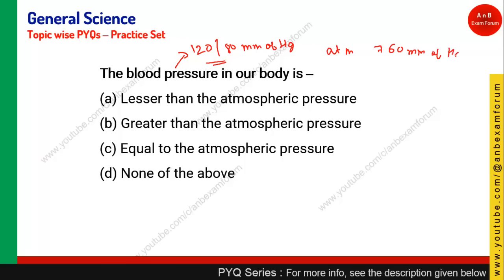When you have this reference, it is basically greater than this 760. It will be greater than the atmospheric pressure, because your reference is this one. If you take it as 0, with respect to 0 you are having 120 mm of mercury, so it is greater than atmospheric pressure.